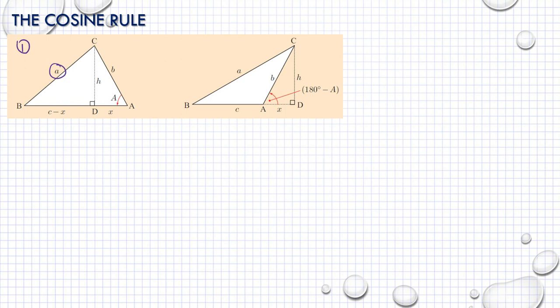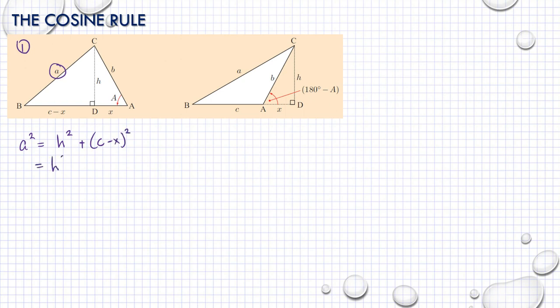side A, so if we can find the height, then we can find the length of side A. Let's say, for example, by Pythagorean, we have A squared is equal to H squared plus (C minus X) squared.